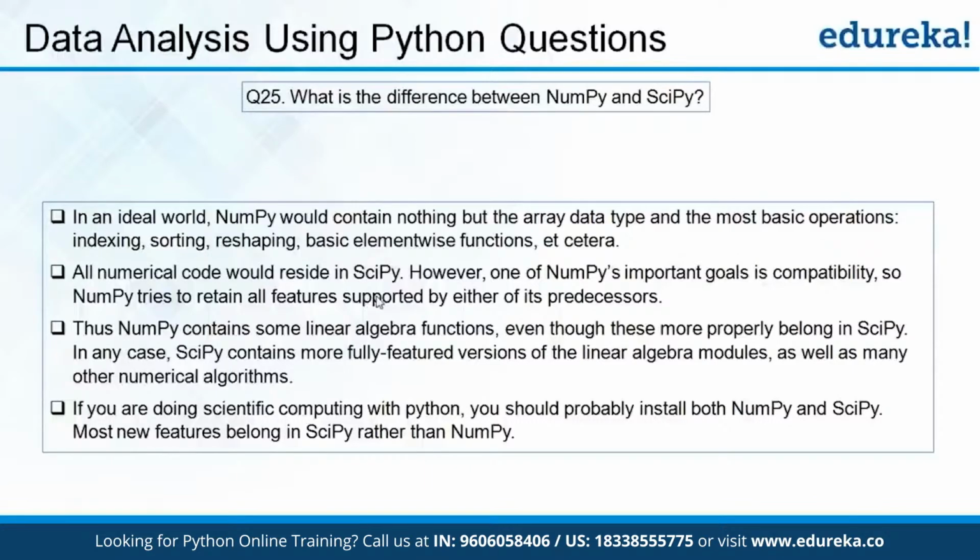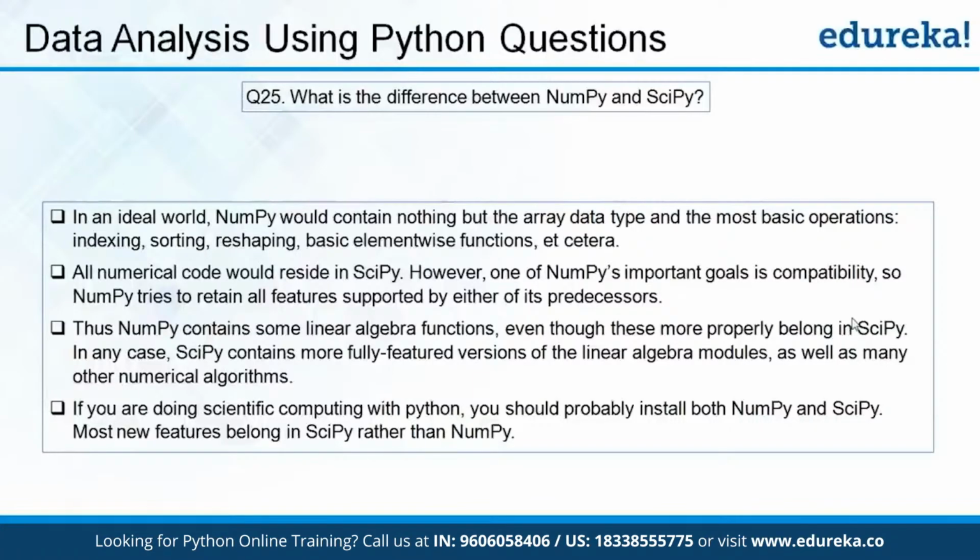You would see that NumPy and SciPy are quite compatible with each other because SciPy is built on top of NumPy. SciPy has retained all the operations of NumPy, but it's got a whole lot of its own operations. For example, NumPy contains linear algebra functions, even though they more properly belong to SciPy.